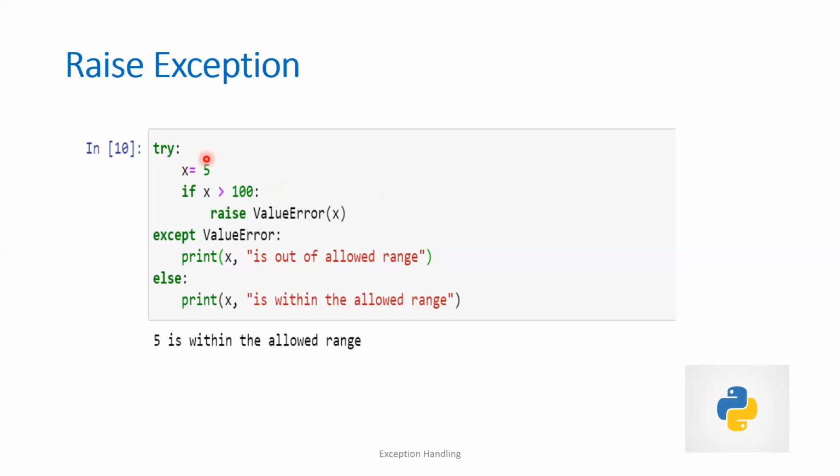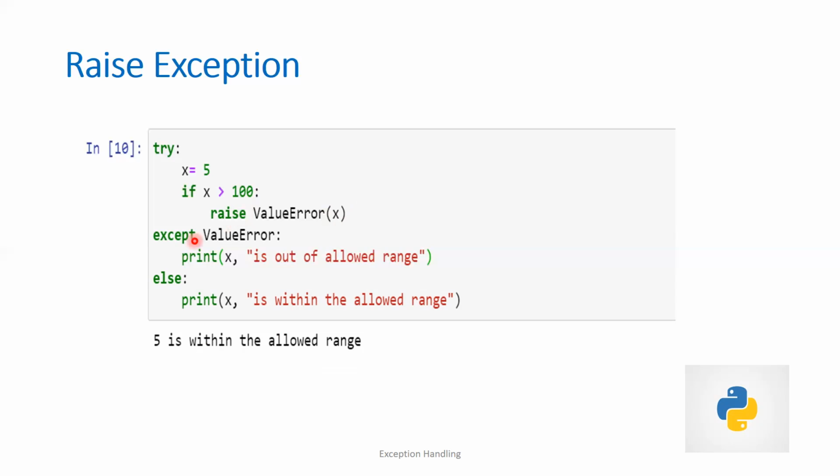I assign the value 5, but you have a choice to take anything instead of this 5. So there is a choice if the x value can be greater than or less than 100. If it is greater than 100, then error will occur or exception will be raised. So this is how the raise keyword can be used.